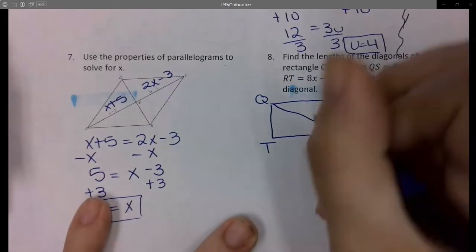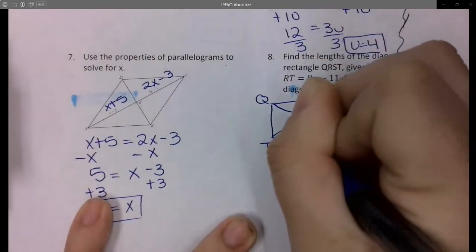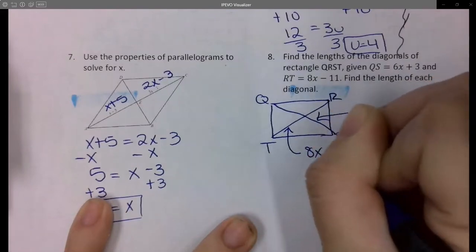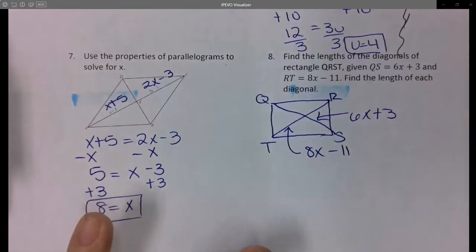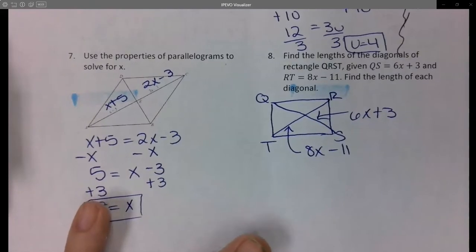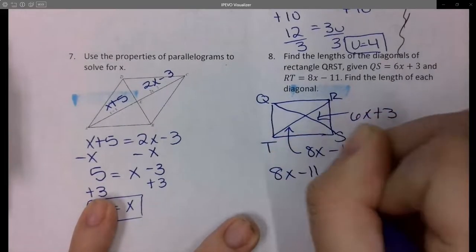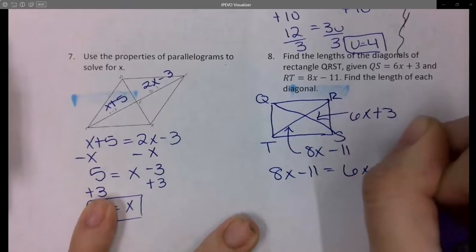Then it tells me RT is 8x minus 11. So the actual diagonals themselves are congruent. I can set these equal to each other. I'm going to have 8x minus 11 equals 6x plus 3.